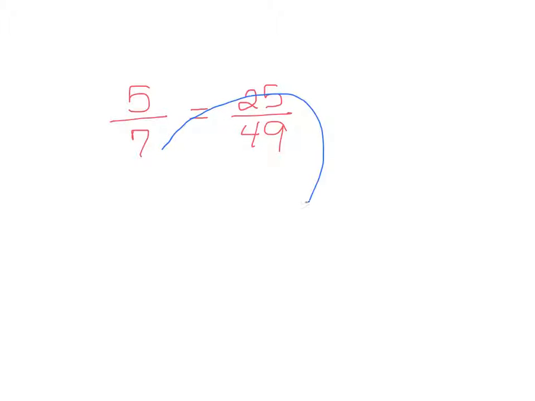I'll give you two fractions. Let's say I give you 5/7 and I give you 25/49. And I want to say, are these equivalent? Are these equal? Well, one way I can do it is just by taking the cross products.